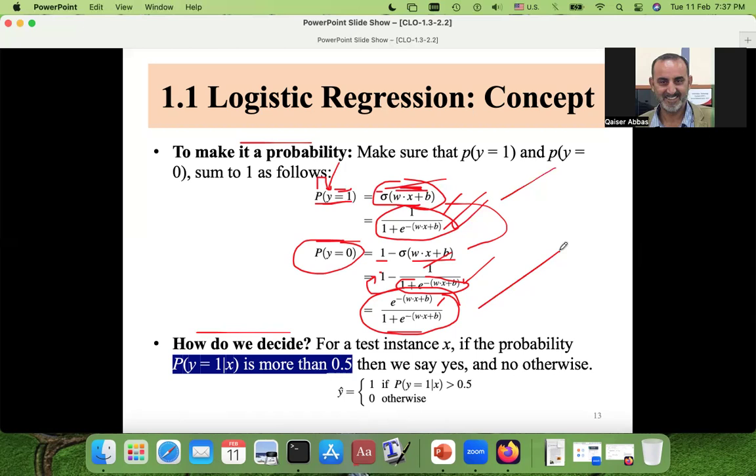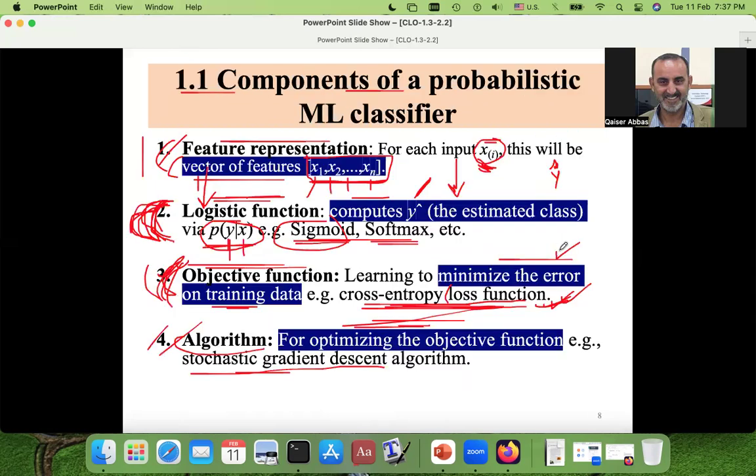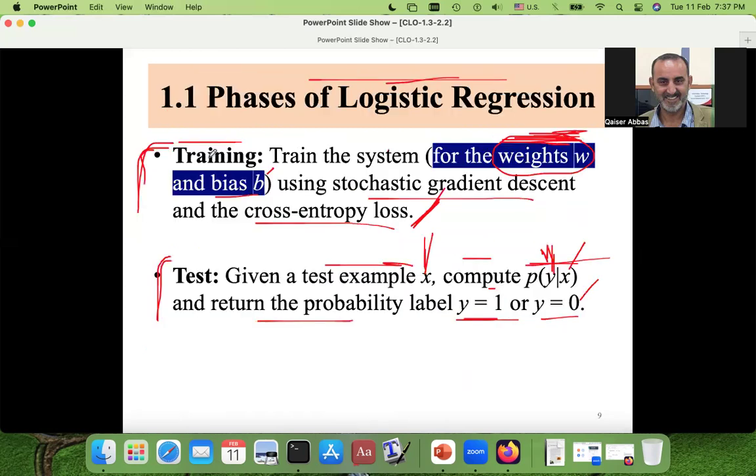We started with the input and the feature representation, and now we are on the second step, the logistic function.